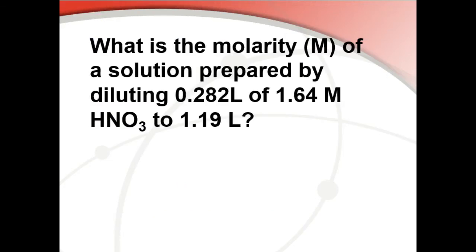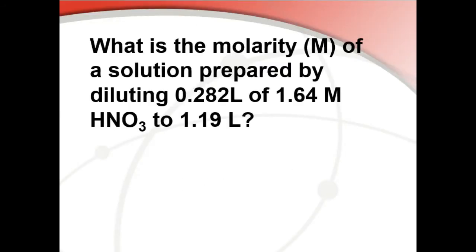So for dilution, we have this type of example where we have two volumes or two molarities and a volume, and we're just asked for the other variable. So again, our formula. And now we just have to pick out which one.